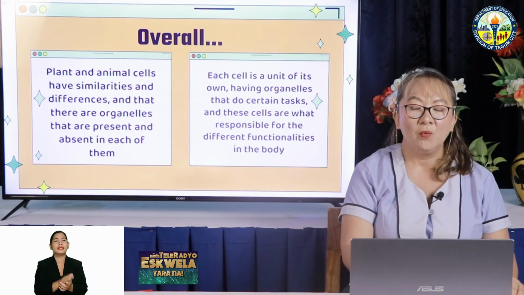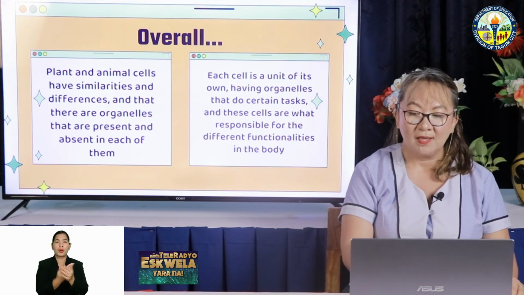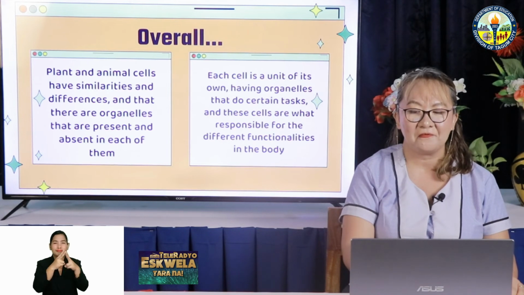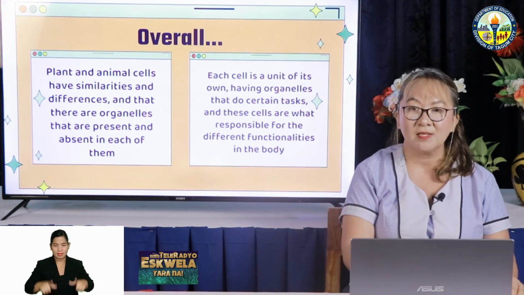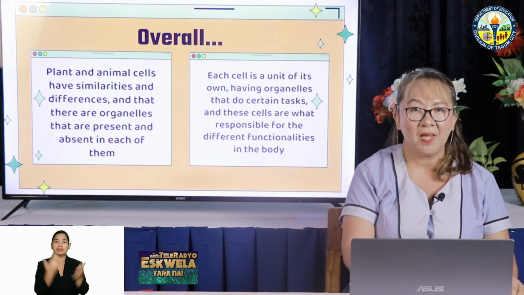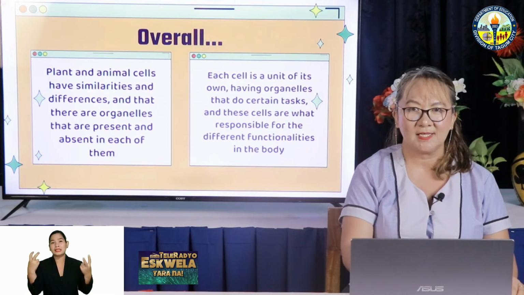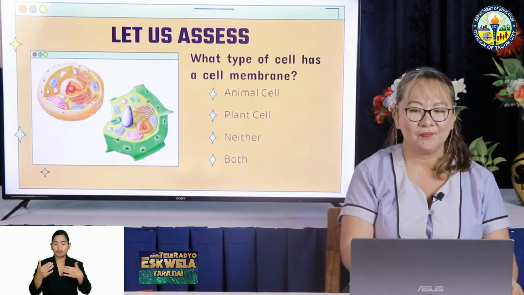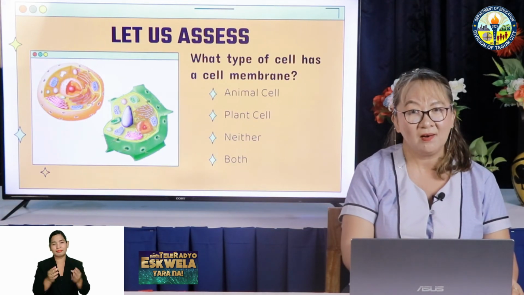Knowing all of that, we can say that a cell is the basic unit of life, because all living things are made up of cells. We are nearing the end of our module. Are you ready to assess your learning?